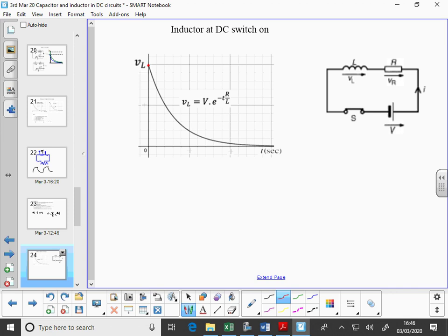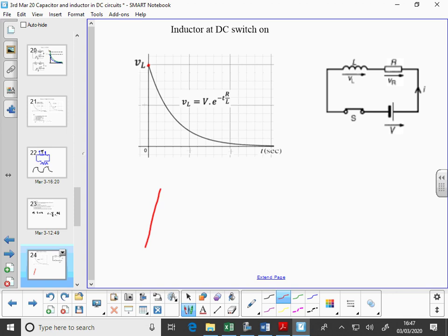So at switch on, because the current is trying to go up very quickly, we've got a fast rate of change of current, and therefore our induced voltage across the inductor is high. Yeah, but what that does is that sets up a current in the opposite direction that reduces the current rising.